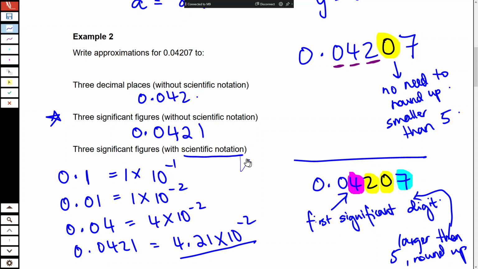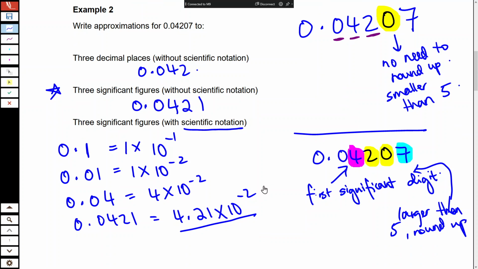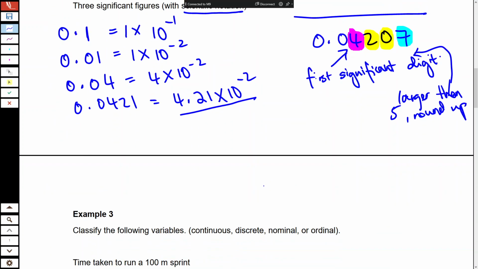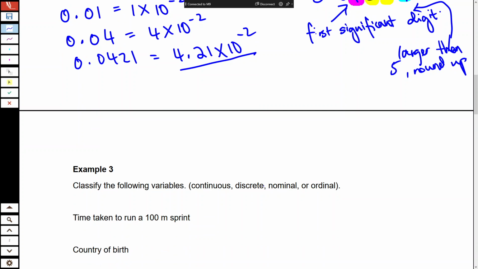Okay, I will move on, but you'll get an electronic copy of this at the end. I'll upload it to Teams. So don't stress if you haven't got everything yet. All right, turn the page. We're looking at example 3 now.